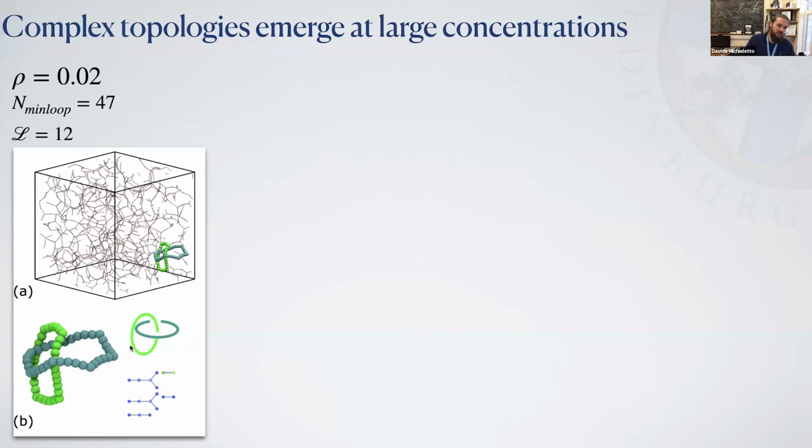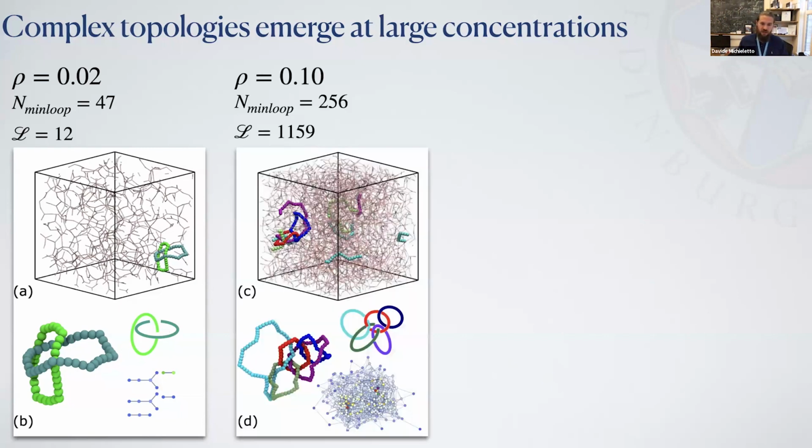So at low concentrations, we don't find a lot of links, but at high concentration, we find that there is a lot of links. In these graphs, each node is a minimum loop, and an edge with another loop exists if two loops are connected.